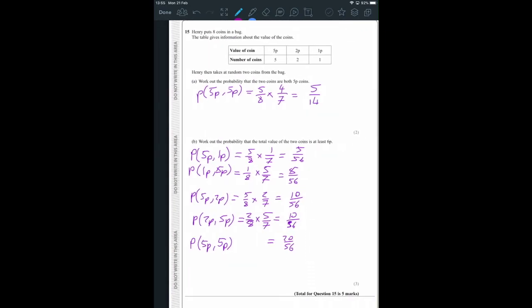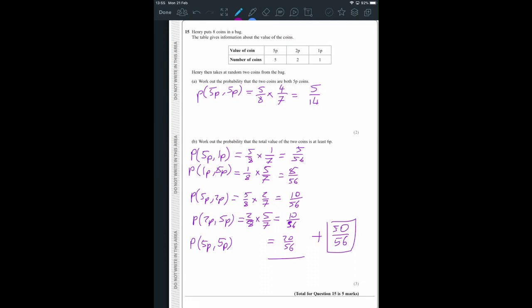Let's just double check. I couldn't do a 2p's. I had to have at least one 5p. So we need to add all those up. These are all the different possibilities. We're saying or in between each one. And I can cheat a bit in my calculator. I can just add all the numerators instead of adding each fraction. So that's 50 over 56.